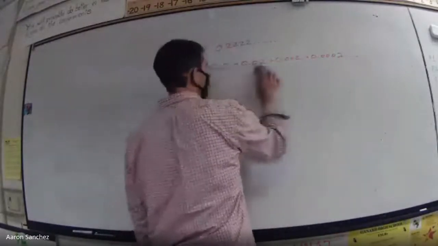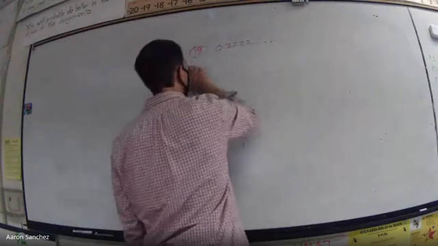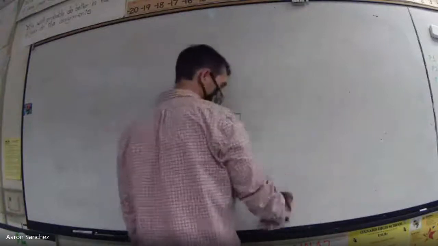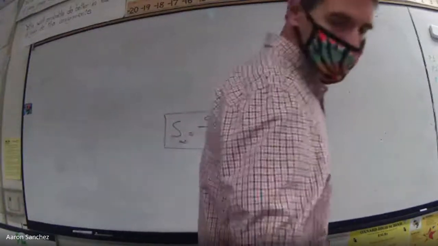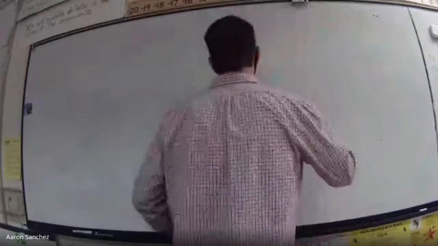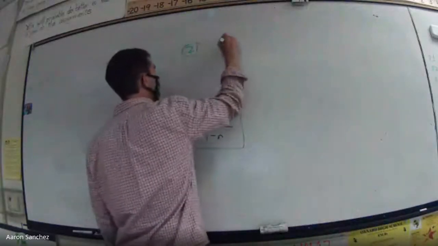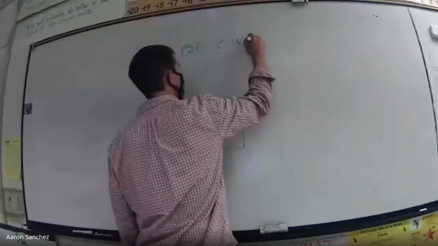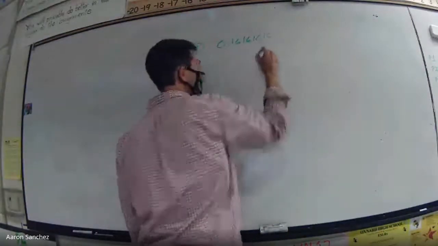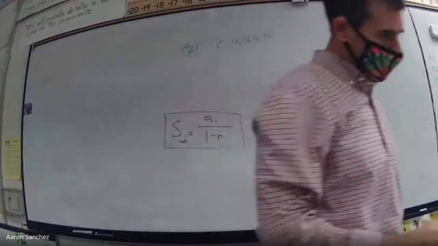21. Write this as a fraction. 0.1616161. I think that's it. Is that it? Yeah. It goes on forever. Okay, what's my first term?